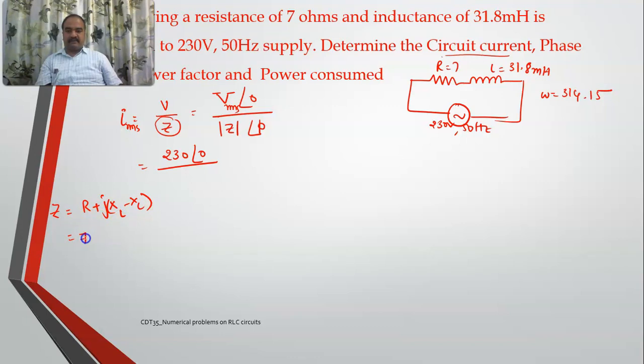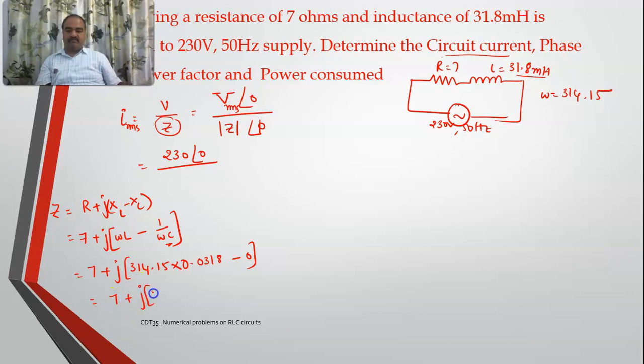So R is there, 7 plus j, XL means omega L minus 1 by omega C. There is no capacitance in the circuit, so I'll be limiting myself to 314.15 into L, 31.8 millihenry, which means 0.0318 minus 0. This is my imaginary value, this is my real value, this is my inductance.